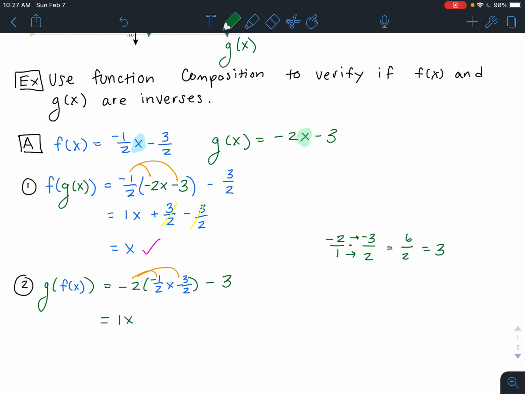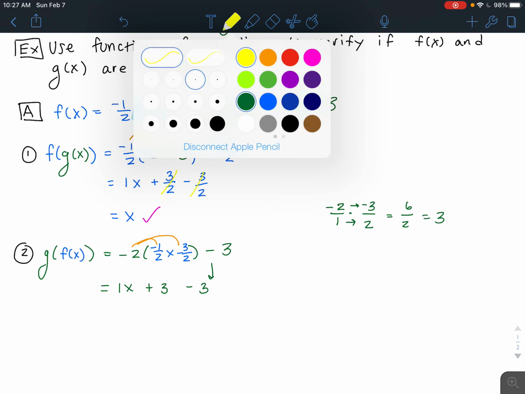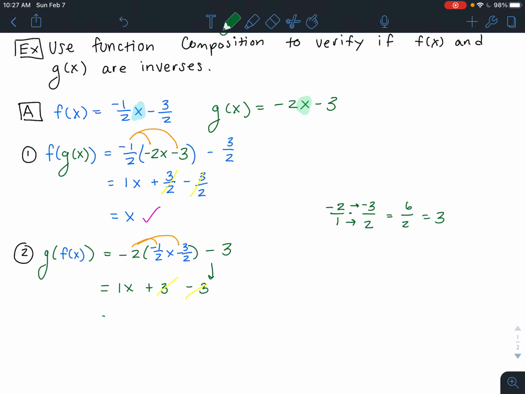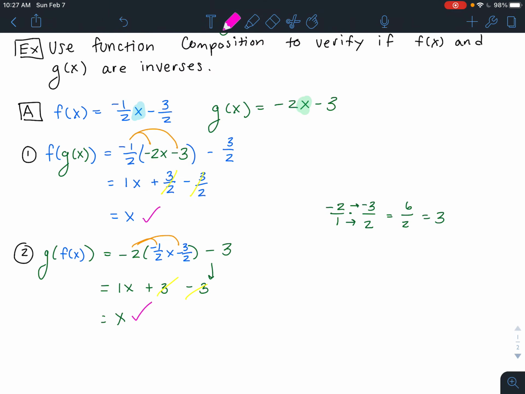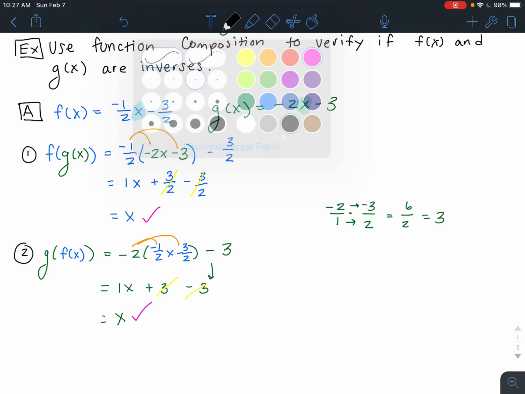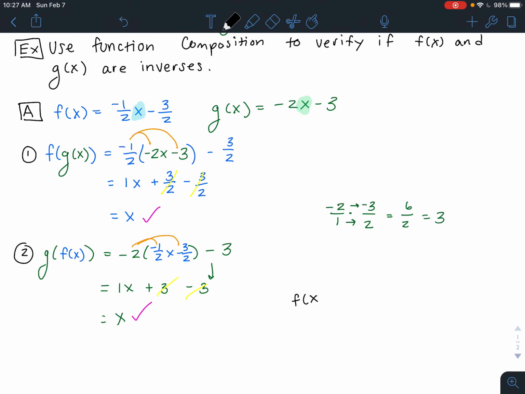It's going to give me 3. So plus 3 there, and then I have this minus 3 on the end. So then 3 minus 3 is going to cancel out. And again, we're just left with 1x, or just x. So that direction works too. So because both directions work like that, we can say that f of x and g of x are inverses.